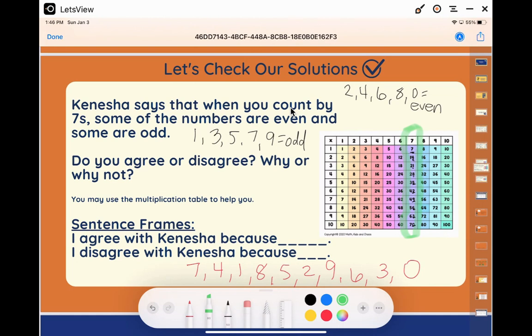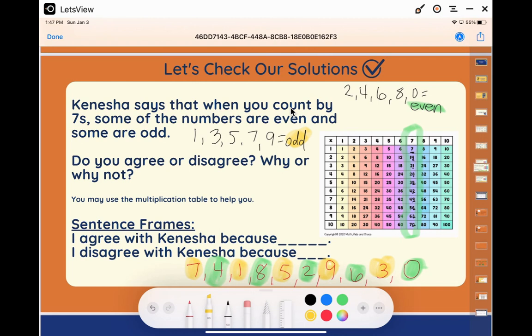I am going to highlight my even numbers in green. So I've got 4, 8, 2, 6, and 0 in green. And I'm going to highlight my odd numbers in yellow. So 7, 1, 5, 9, and 3.